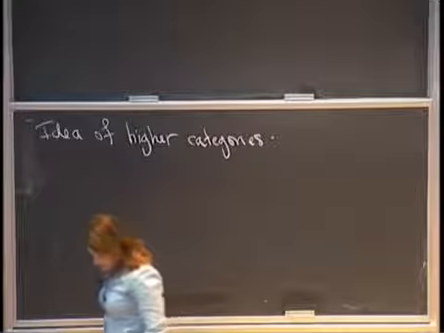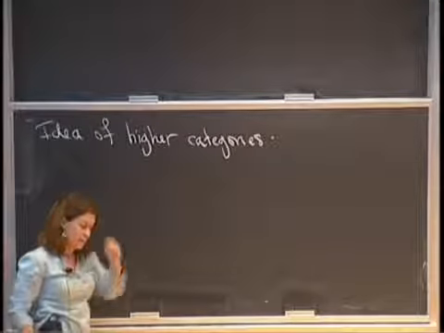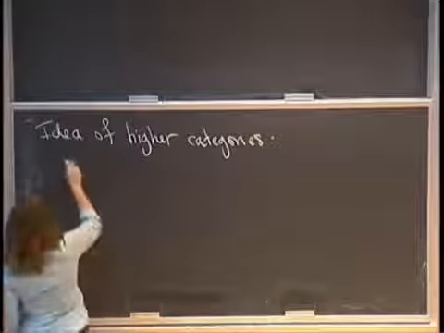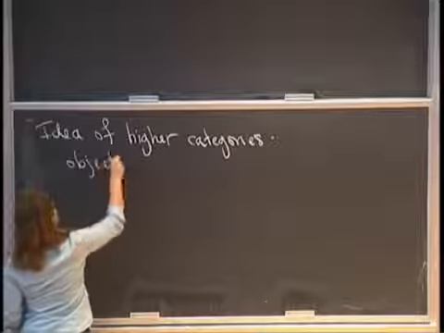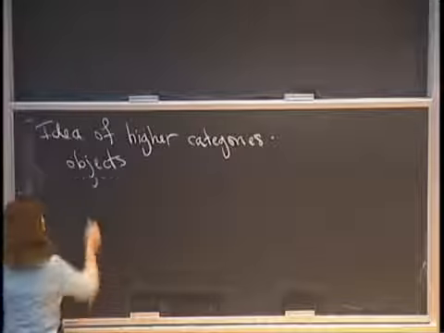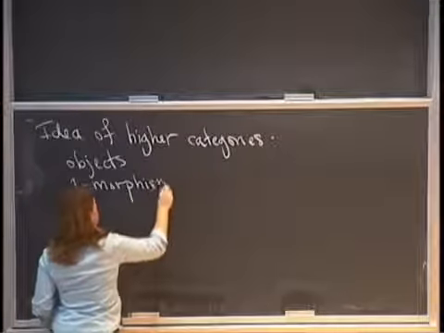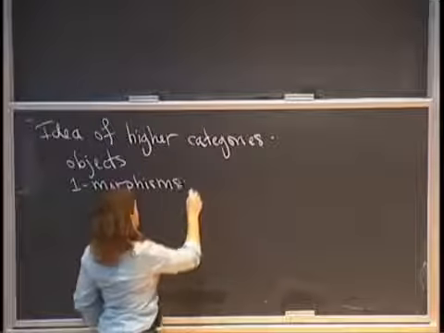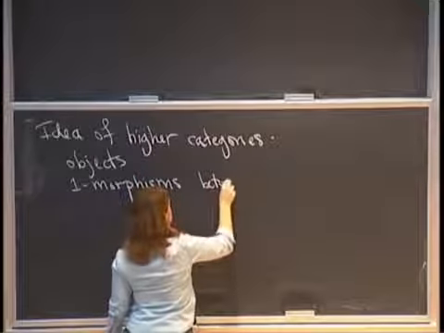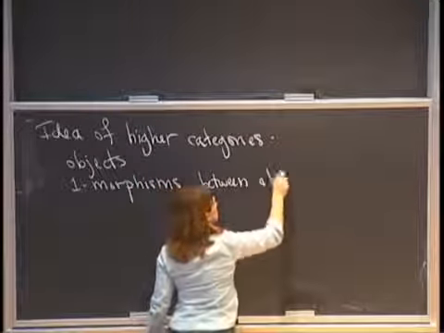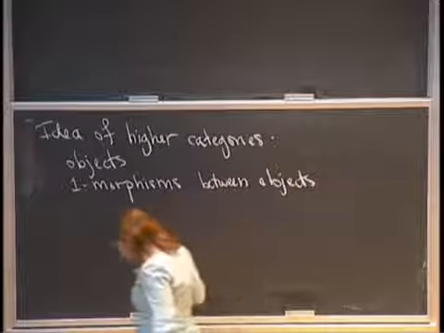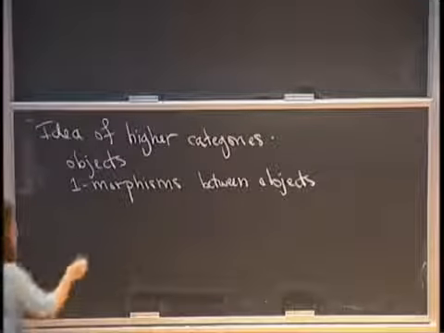So it starts out very much like ordinary categories. We have objects, we have morphisms, but I want to now call them one-morphisms. And as you expect, these go between objects. And then you just continue this process.